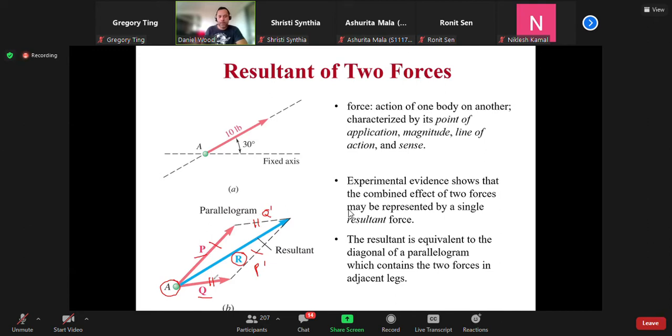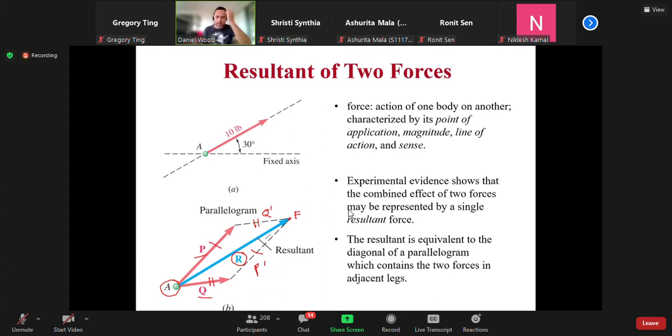Now they form a parallelogram. Q prime and Q are equal. P and P prime are equal. Where Q prime and P prime intersect, I can draw a line from A through to this point here. Let's just call that F. And I have the resultant force.